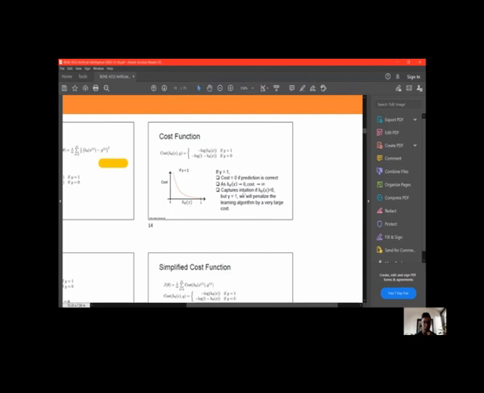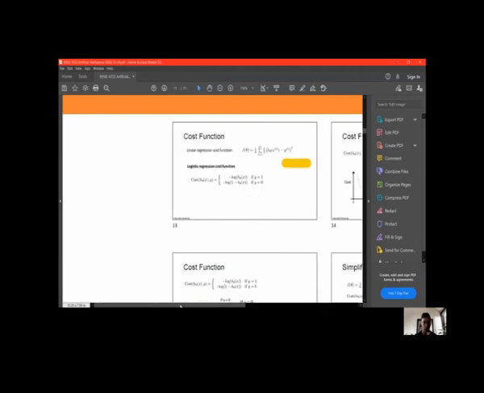In the opposite case, h of x equals 0, and then the cost will be infinity. To capture the intuition, if h of x equals 0 but y is equal to 1, we penalize the learning algorithm with a very large cost.